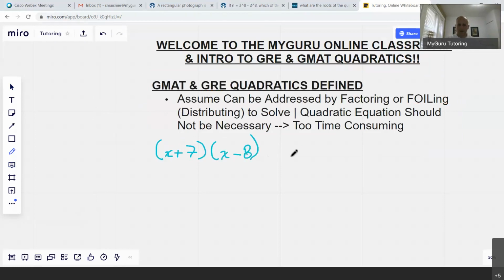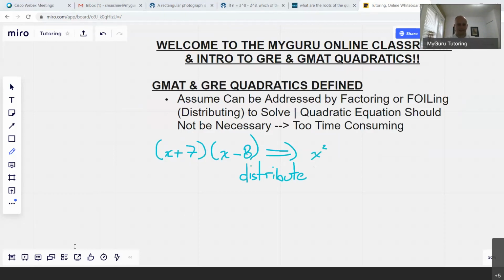So how could we distribute or FOIL this quadratic? What the first step would be in distributing the quadratic? And you can put it into the chat box here. x times x, which is going to produce x squared, of course.